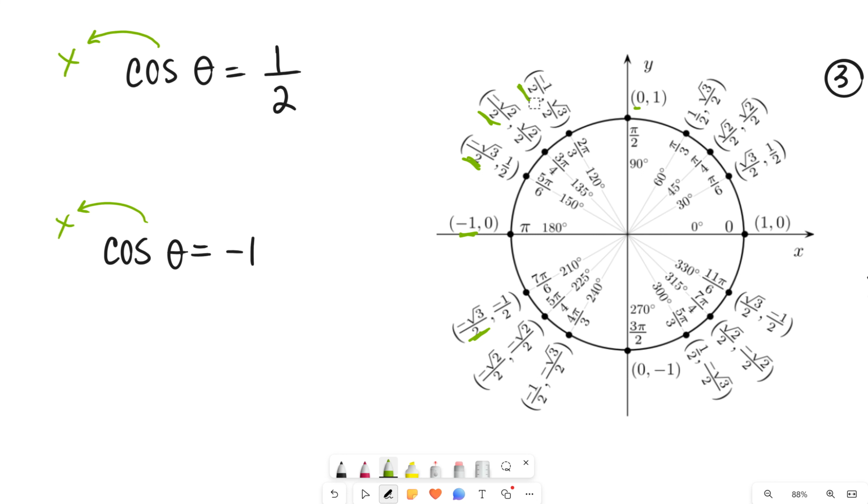You are looking for where x exists on the unit circle when it's 1/2. If I look around my unit circle, I notice positive 1/2 occurs right here and right here. Those are the two values where x is positive 1/2.